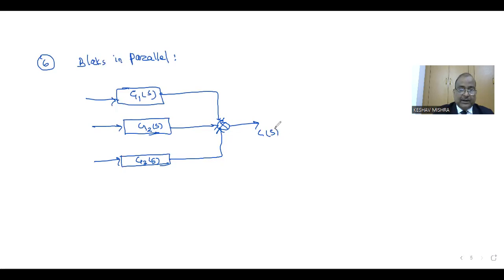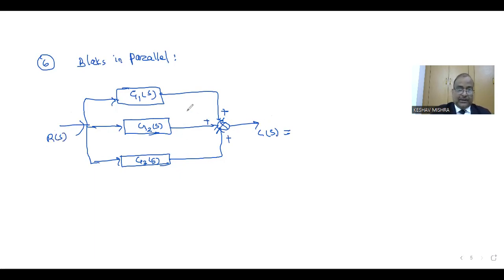Suppose all these outputs are positive, and the input to these blocks in parallel is Rs.